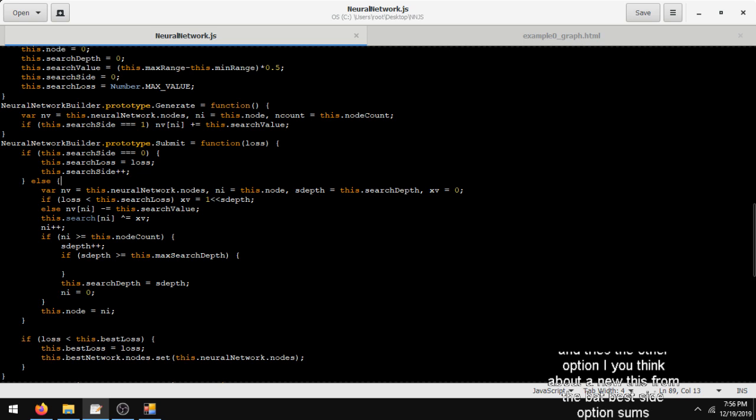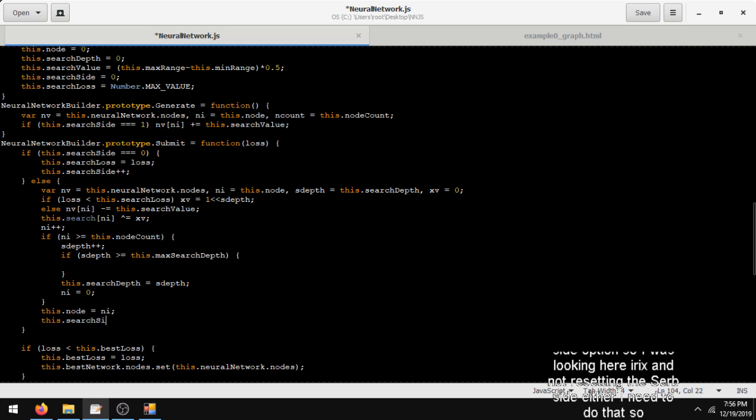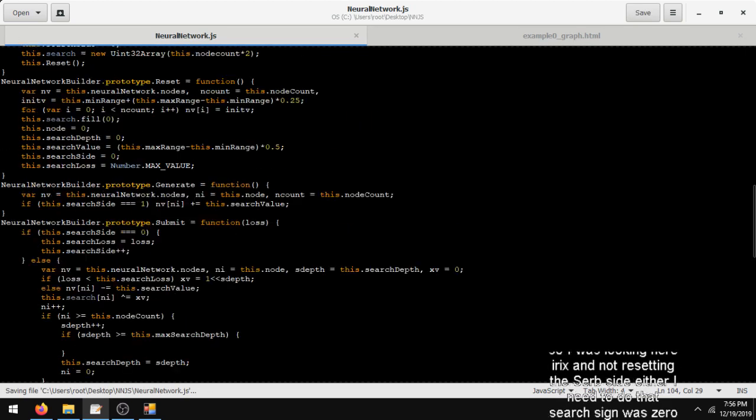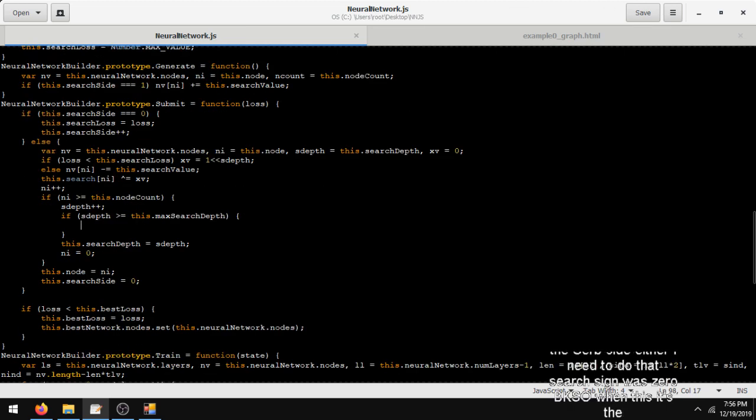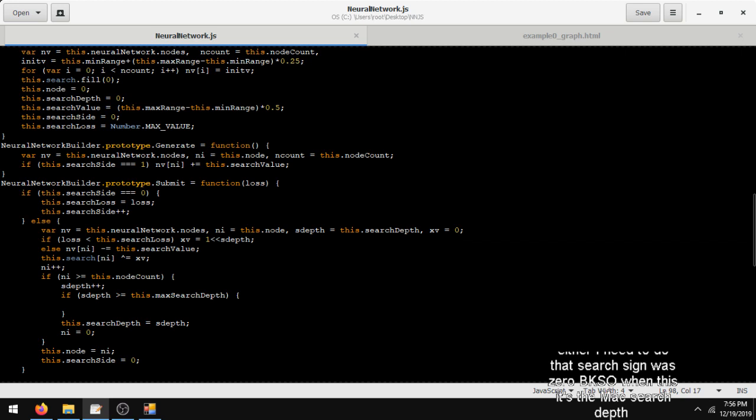So I'm just looking here. I'm actually not resetting the search side either. I need to do that. Search side equals 0. Okay, yeah, so when this hits the max search depth, it should actually go backwards and lower the search depth by 2.